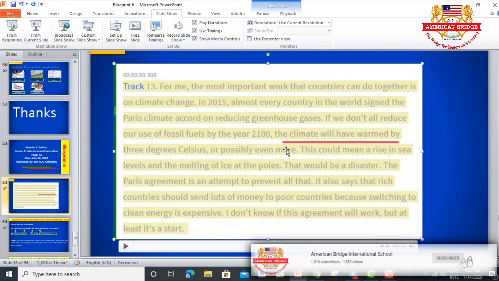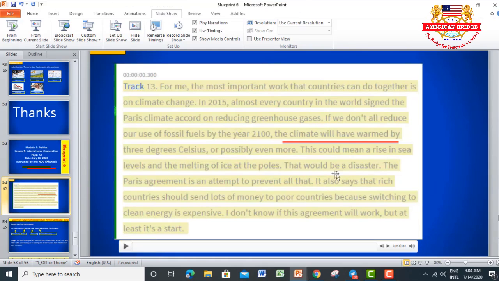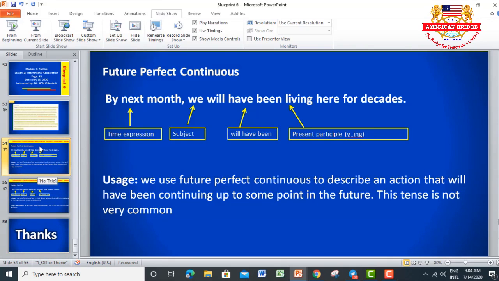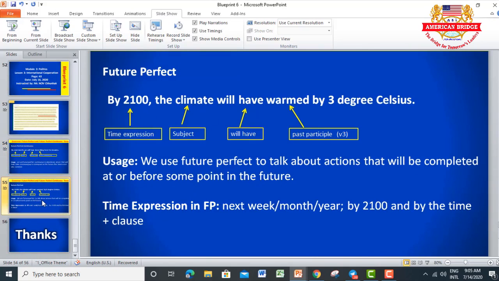So they are predicting a point of time in the future, but it's not actually true. We're not so sure about that, but this is the report. Teacher believes that you can recognize the form of the future perfect continuous tense, and the future perfect and how it is used.